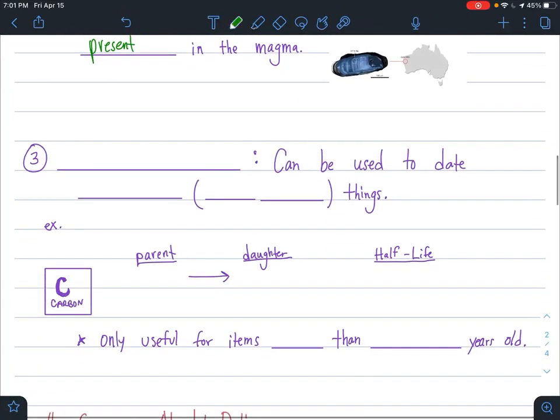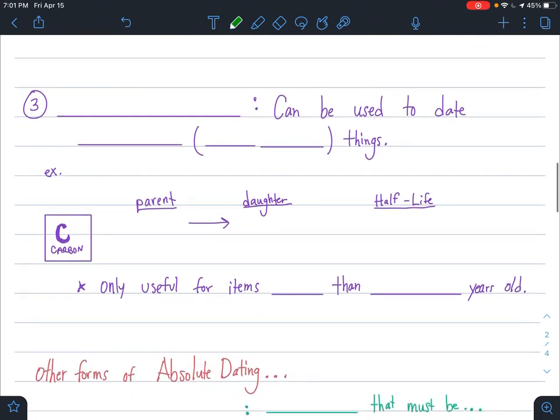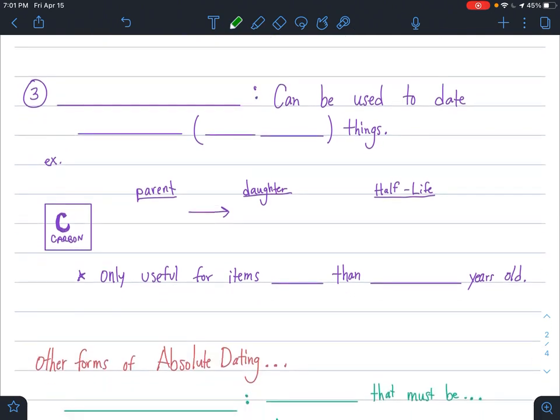All right, let's move on to another type of absolute age dating. Type 3 that we're going to look at today is carbon dating. If you've ever heard, we are a carbon life form. Anything that's alive uses carbon. So this one's a little different, because carbon can be used to date any biotic thing, meaning anything that was once living.